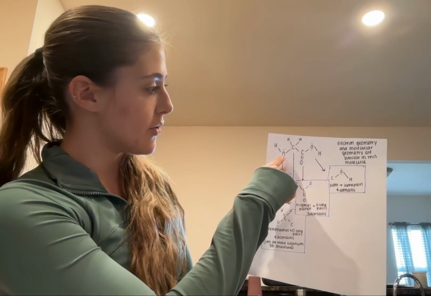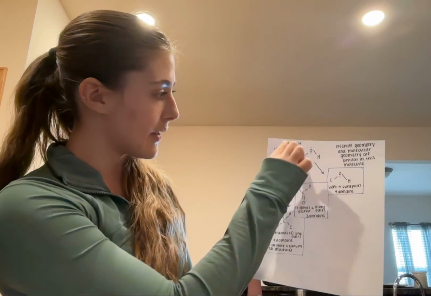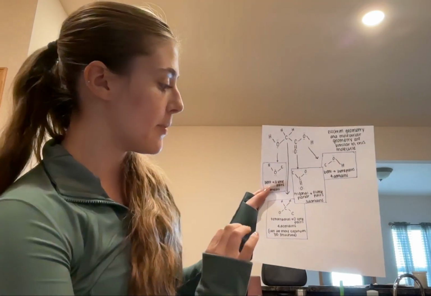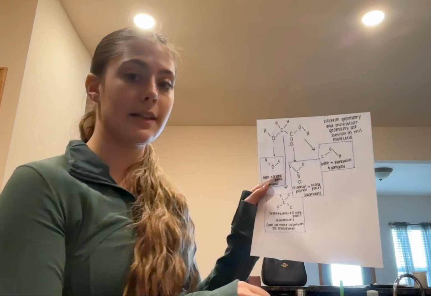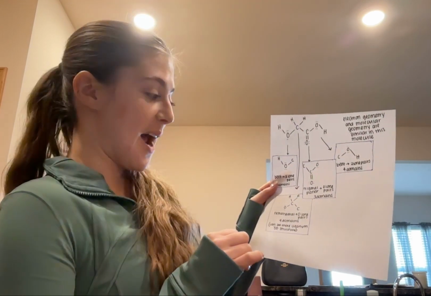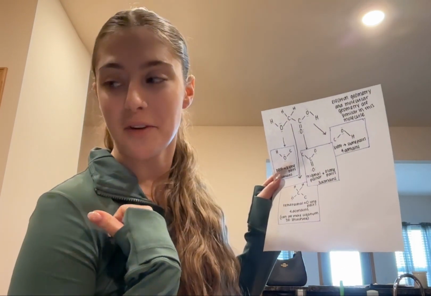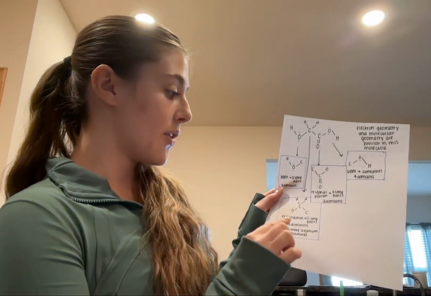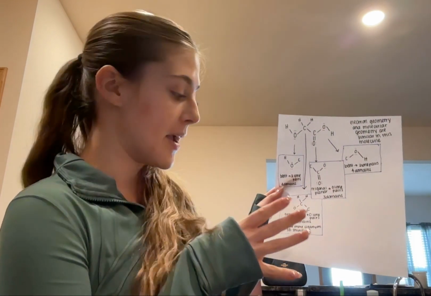Moving on to oxygen, carbon, carbon, and the hydrogens at the top, this will be tetrahedral, and it does not look like tetrahedral right now, but when I show my 3D structure, you will be able to see the tetrahedral a little bit better. So there are 0 lone pairs and 4 domains.